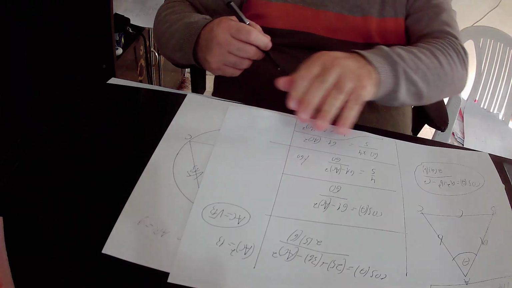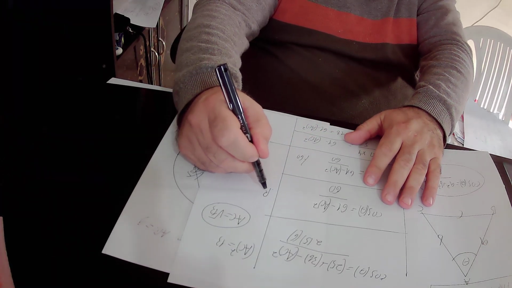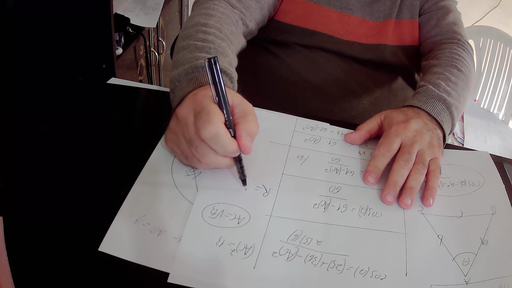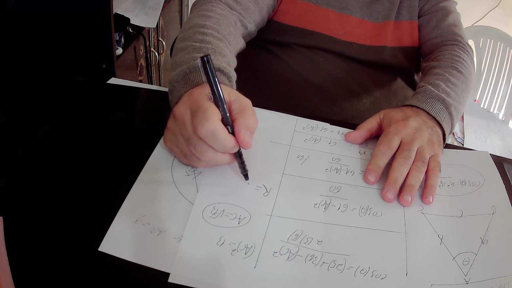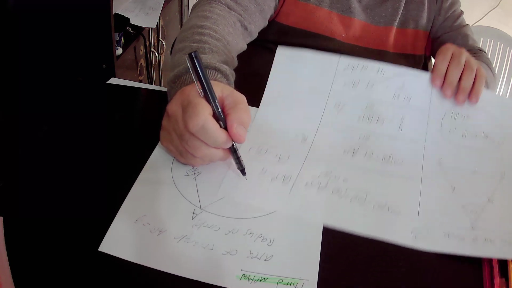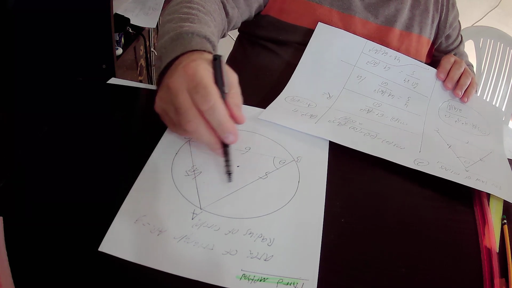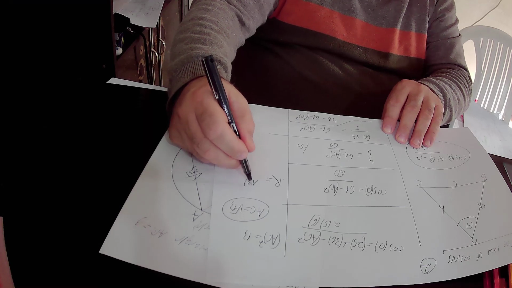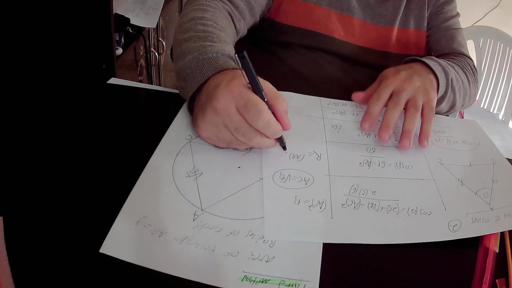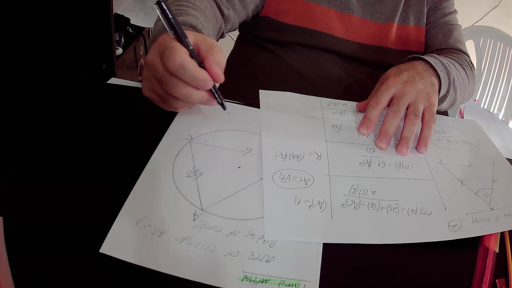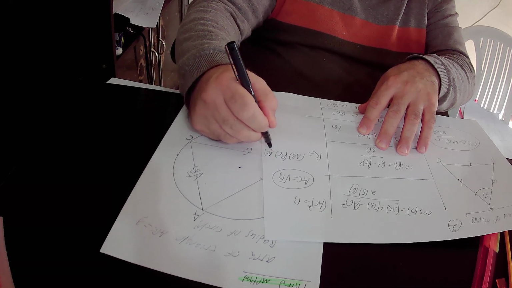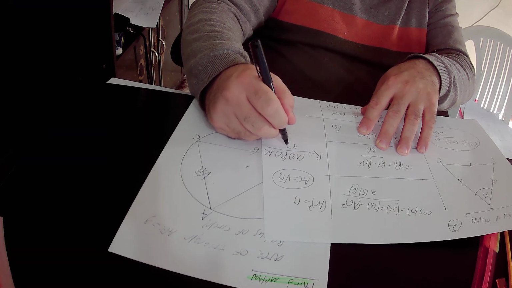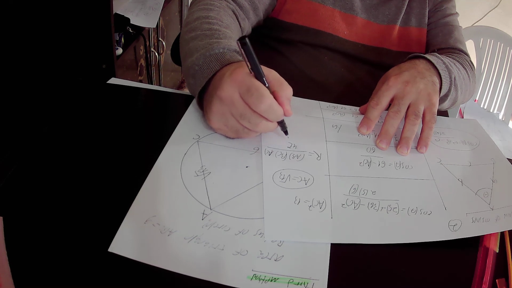According to the formula, the radius of a circle that circumscribes a triangle is equal to the multiplication of the sides of the triangle, that is, in this case, AB times BC times AC, over 4 times the area of the triangle that is inscribed in the circle.